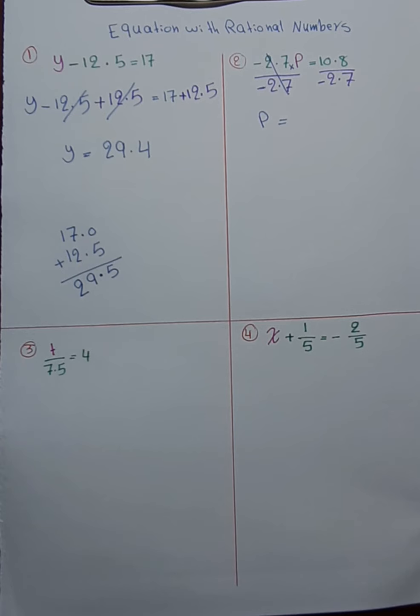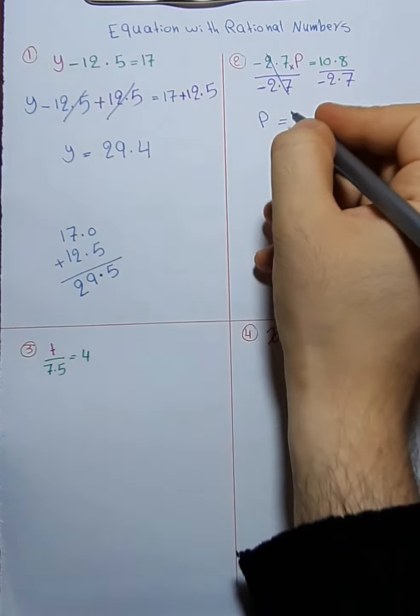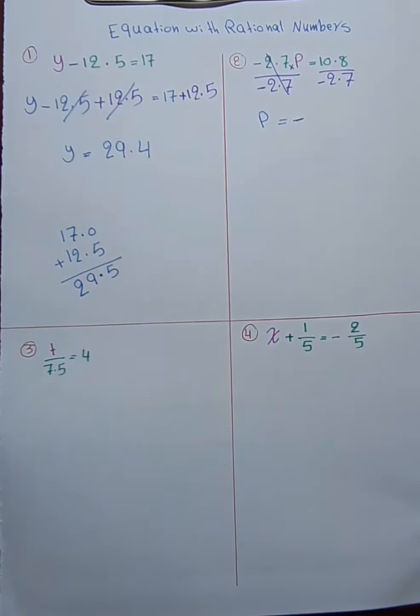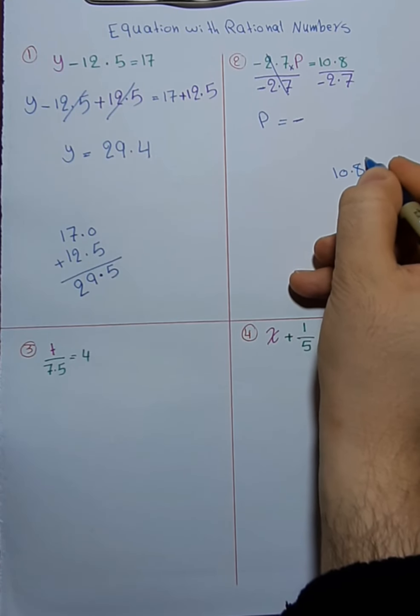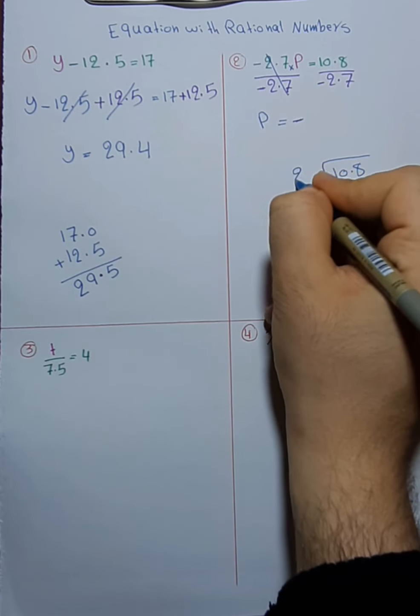Equal to 10.8 divided by 2.7. In division, when we have two different signs, the quotient will be negative. And then we have to divide 10.8 divided by 2.7.